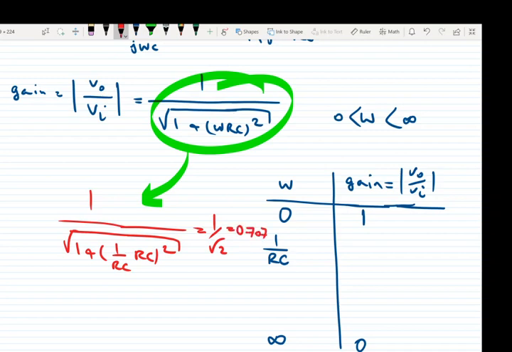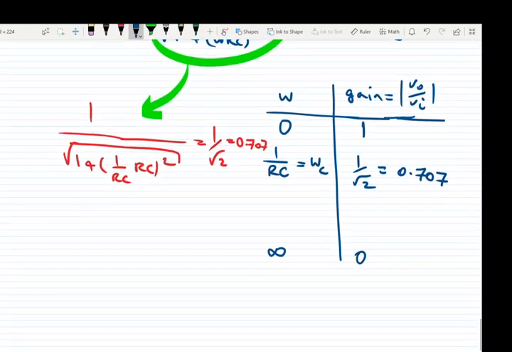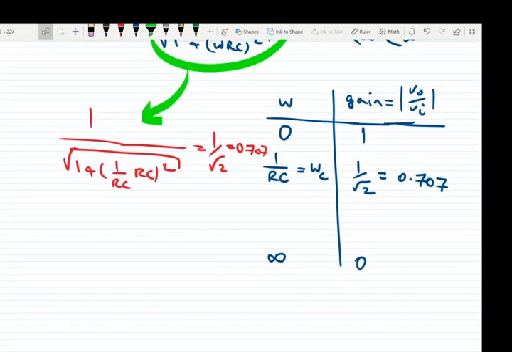Does it remind you of anything? Of course, yes, it is the cutoff frequency. So we say 1 over RC is the cutoff frequency, and the gain is 1 over square root of 2, or 0.707.